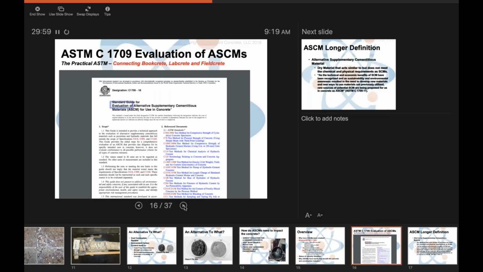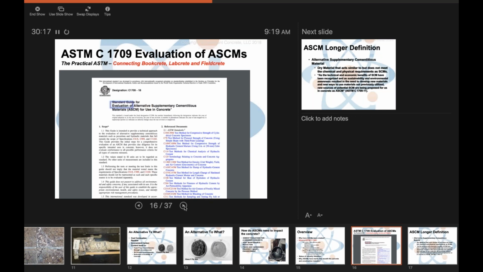All right, so 1709 is a fantastic ASTM, and it even has a Canadian version. I believe it's CSA A3004-E1. I could double check that, but there is a Canadian version.